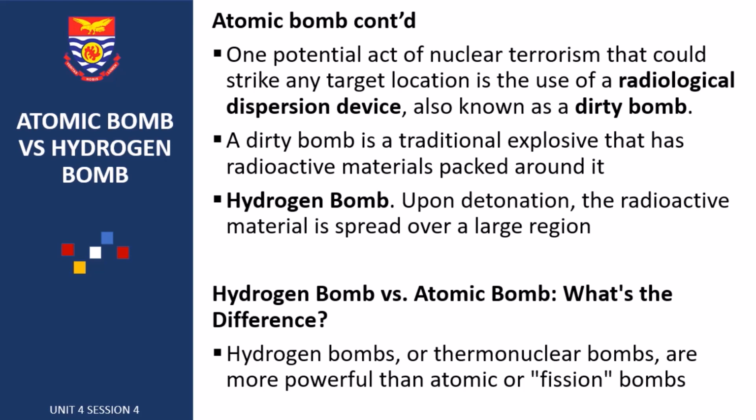Fission bombs like those used in Nagasaki and Hiroshima work by splitting the nucleus of the atom. When the nuclei split, some neutrons hit the nuclei of nearby atoms, splitting them too. The result is a very explosive chain reaction.